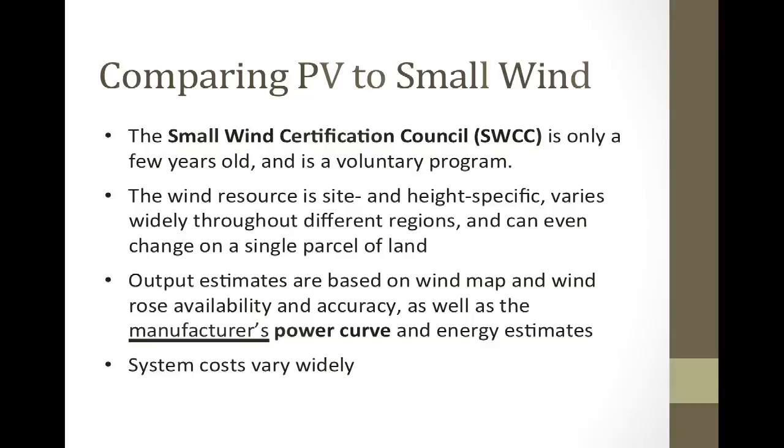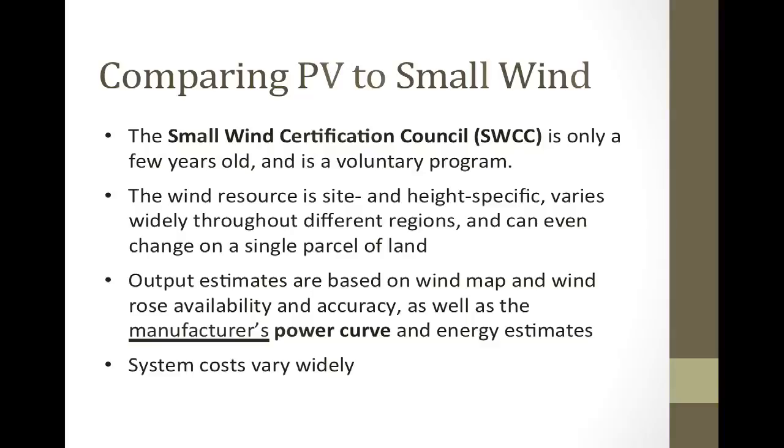The output estimates are based on a wind map, and I talked about this before, and a wind rose. We'll be looking at that using a tool that's available to us in the later modules. We will also be looking at what's known as the manufacturer's power curve. So they give us some estimates as to what they think their machine will produce.